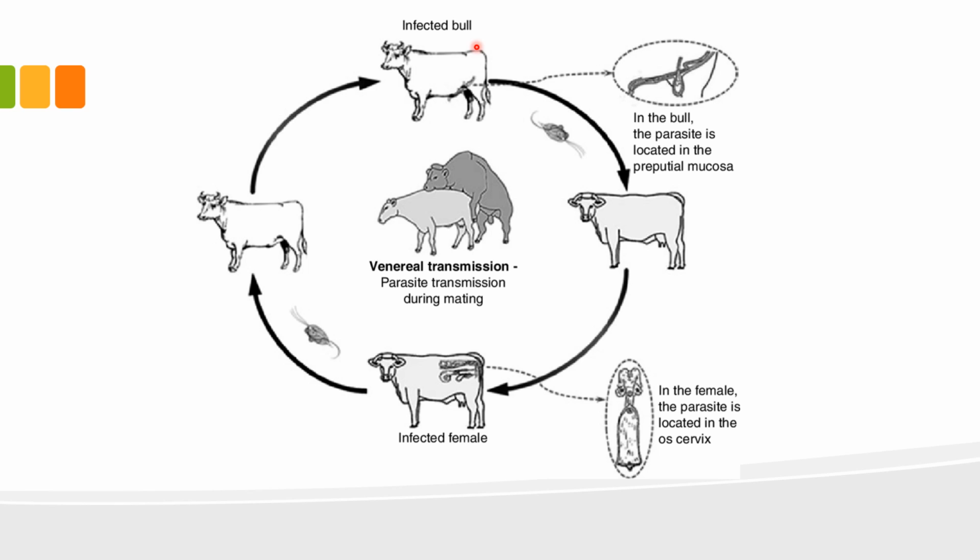Under natural conditions, the parasite is transmitted directly from an infected animal to a healthy animal, almost exclusively through natural mating. The bulls become infected during the mating of the infected cows, remaining asymptomatic carriers.